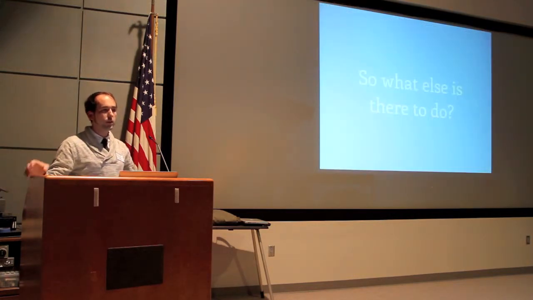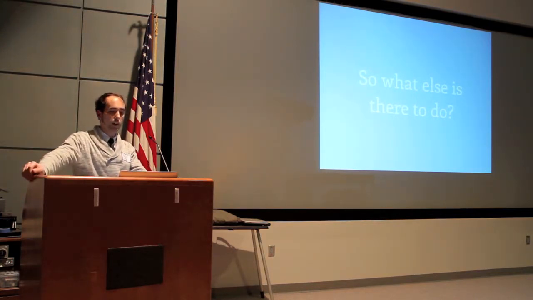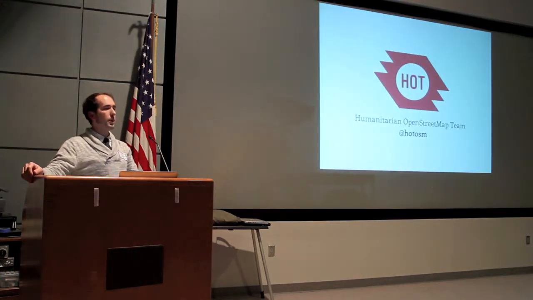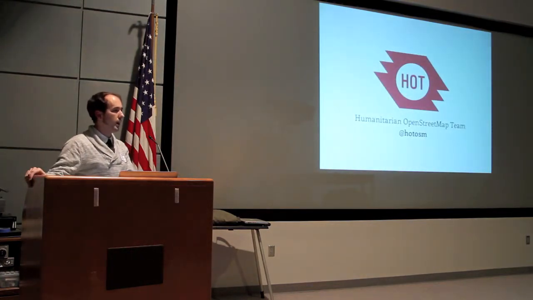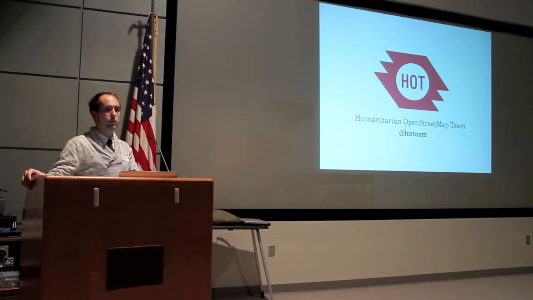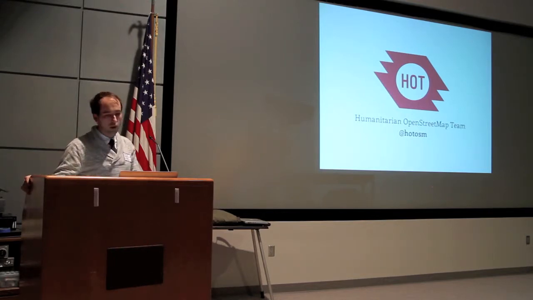And then there are a lot of other initiatives in OpenStreetMap that I find interesting. The primary one that I'm interested in is the Humanitarian OpenStreetMap Team, an effort where a bunch of members of the OpenStreetMap community got together and started more formalized projects to do humanitarian aid in support of NGOs and humanitarian missions all over the world.